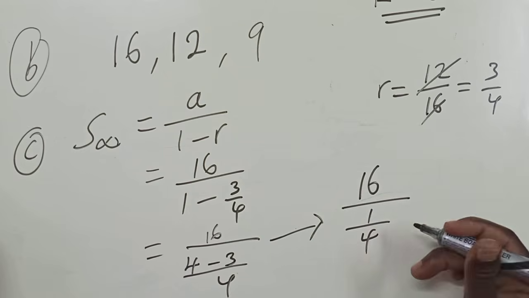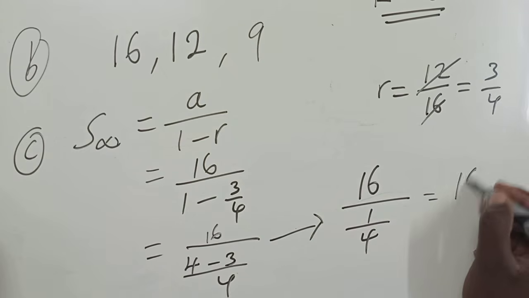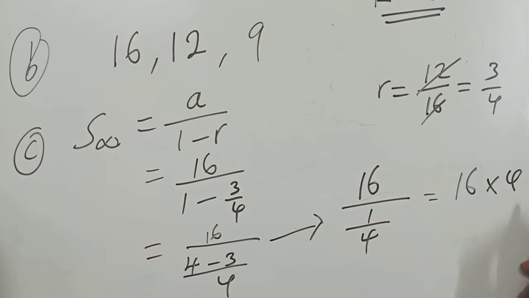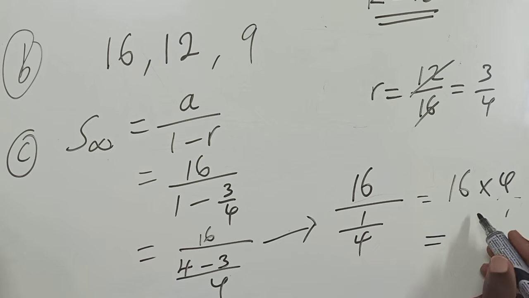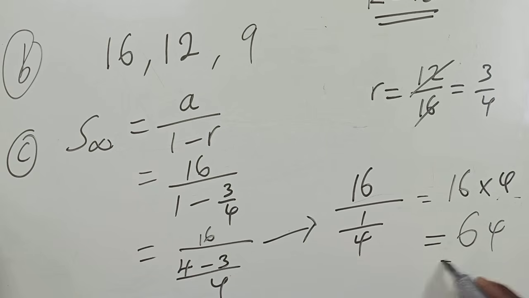Since we are dividing, we can reciprocate. So it will be 16 times 4 over 1 there, which is the same as 16 times 4. So what is 16 times 4? This is 64. So our answer, or the sum to infinity, is equal to 64.